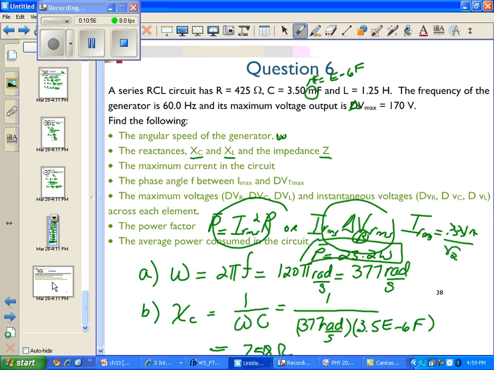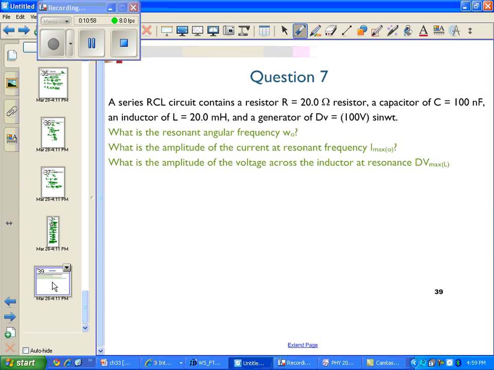Okay, next question, and it appears to be our last question. Here we are told that we have an RLC circuit of a resistor of 20 ohms, a capacitor of 100 nanofarads. What is the nano? The nano is 10 to the minus 9, which means that this is e to the minus 9 farads.